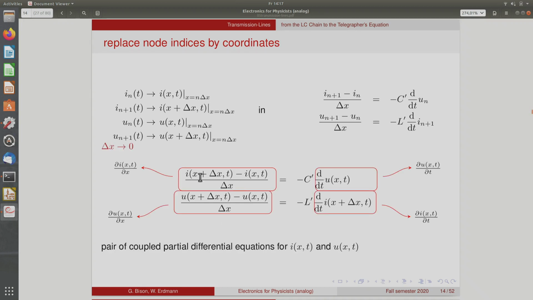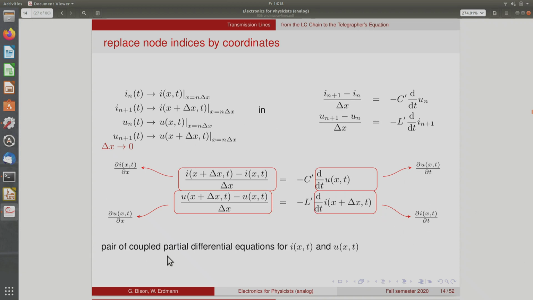So if I now take the limit of delta x to 0, then here I have the derivative of the current with respect to the x coordinate. Here I have the derivative of the voltage with respect to the x coordinate, and here I have the derivative of this with respect to time, of course. Now here it seems like a problem, because here I have the current at x plus delta x, but since we let delta x go to 0, it doesn't matter, so this is also the derivative at x.